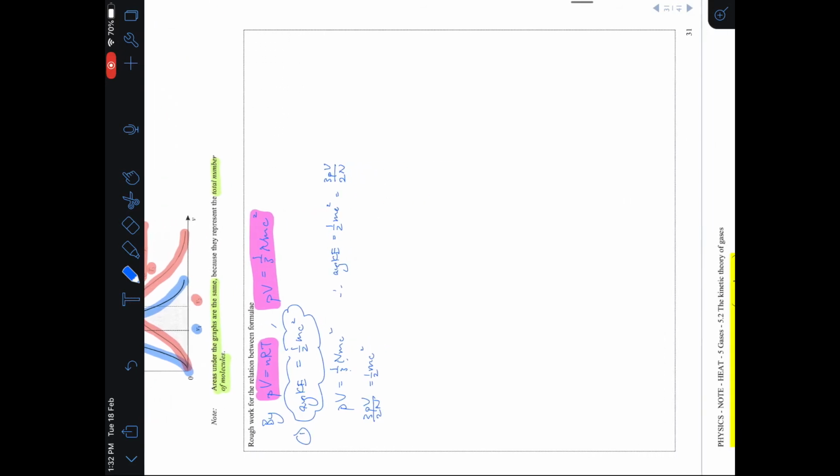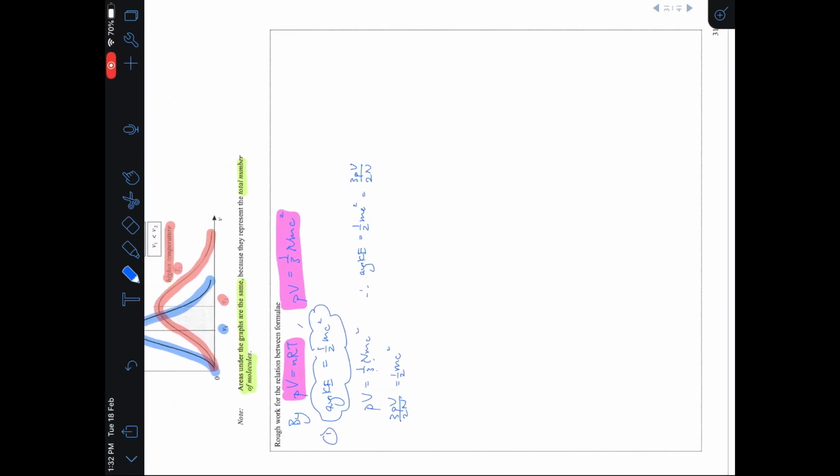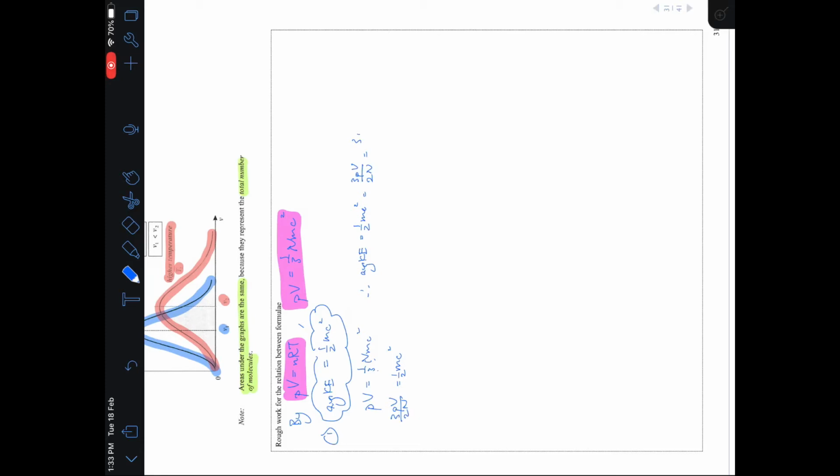We have successfully derived it, and we also want it to be represented in another form, by PV equals nRT, so that we also change PV into nRT here over 2N, and you can see that you can do some simplification. Big N is the total number of molecules, small n is the number of moles, so that they simplify into 3RT over 2N_A.